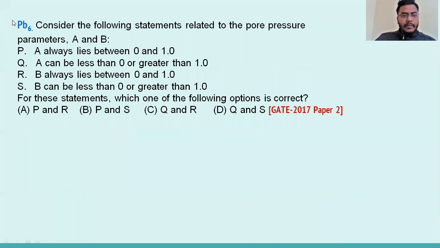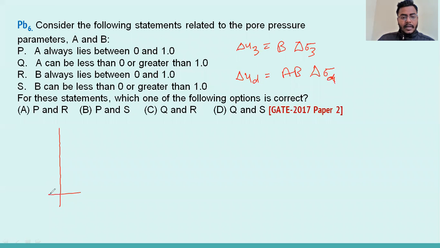So the next question we have: consider the following statements related to the pore pressure parameters A and B. I have already shown the pore pressure parameter relations in the previous slide, and this is the relation for A times B. But you will see the graph also, how it changes.